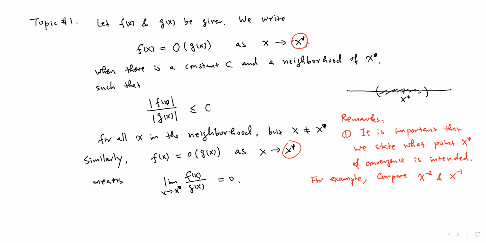If I choose x star to be infinity, then we have x to the -2 is little o of x to the -1 as x approaches infinity.